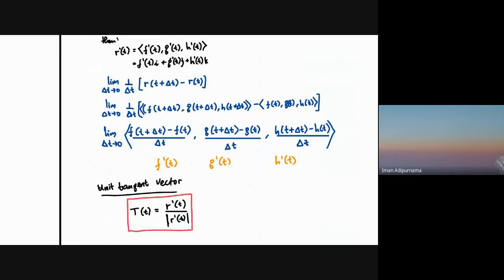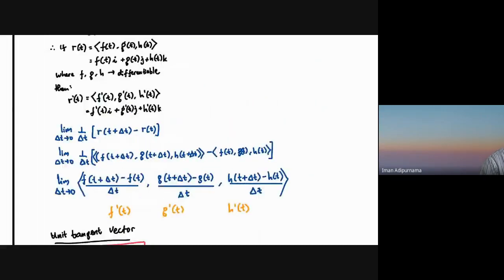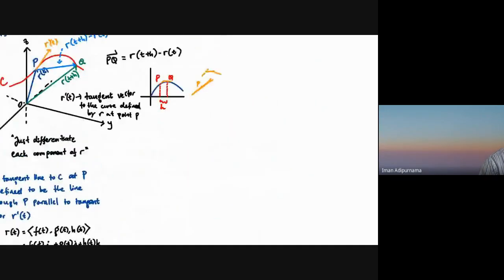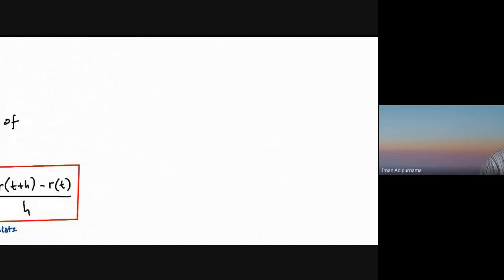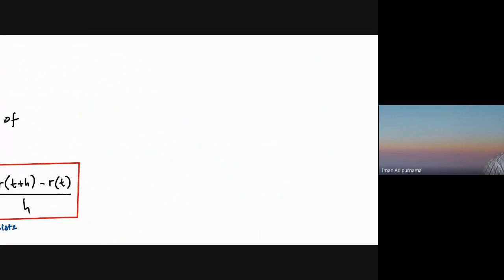So basically, in summary, all the Calculus 1 methods, in chapter 13 we are going to use all of them. The difference is we are just changing to a vector. So let's say example 1.